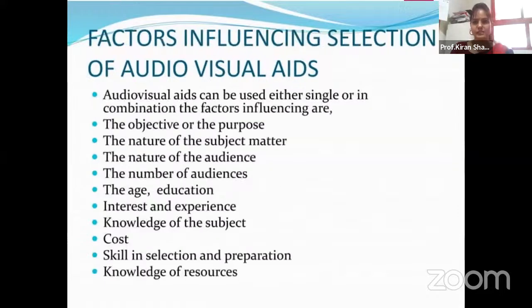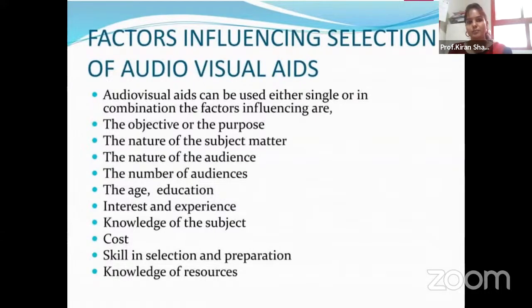Now let's see very fast the factors which influence the selection of AVAs. Your objective and purpose can influence it, if they are not directed or framed properly, and your selection of audio visual aids is reflected by it. Then the nature of the audience.